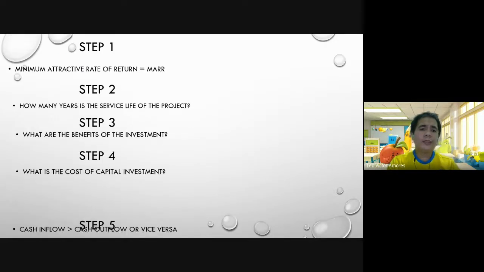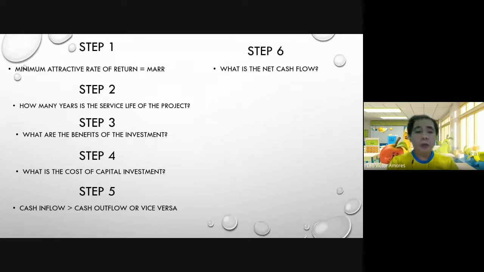So these are the steps. As in our previous discussions, I state in this problem the interest rate, the compounding interest rate, the monthly interest rate. For the analysis tools, we are looking into the MARR, in other terms the minimum attractive rate of return.